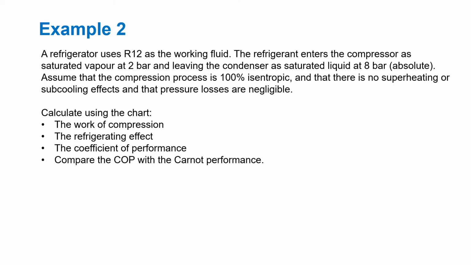Let's go to example number 2. A refrigerator uses R12 as the refrigerant, the working fluid. The refrigerant enters the compressor at point 1, with a condition of saturated vapor at 2 bar.